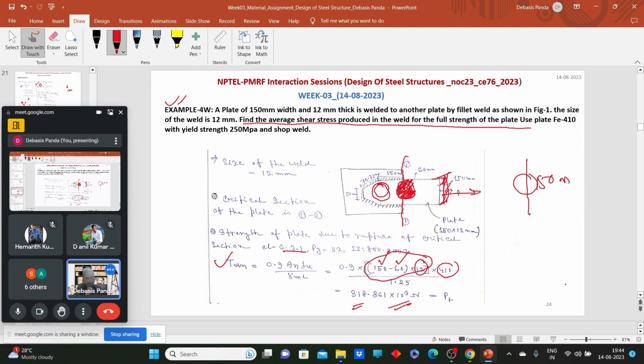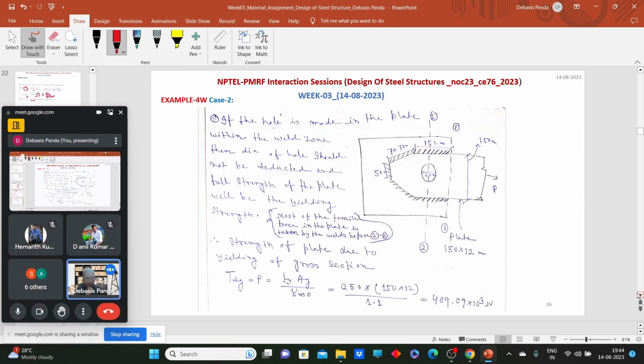Like if we have the hole here, now think you are applying the load, you are pulling this apart. So what will be the failure criterion? It will not get ruptured through this section because the welding is already done in this portion. So what will be the failure criterion? Yielding, because only this part of the plate is vulnerable to those stresses, when calculating the full strength of the plate.